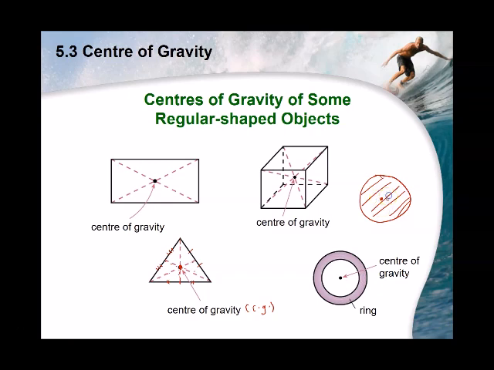But in a ring, the interesting thing is that the center of gravity is still in the middle, because the center of gravity is the point where the weight appears to act. Even in empty space, it is as though the weight of the entire ring is acting through this middle part of the ring.